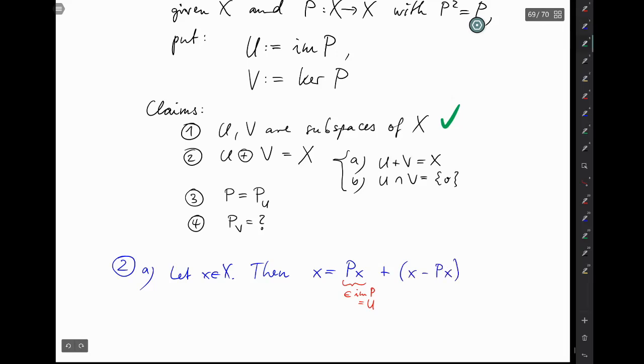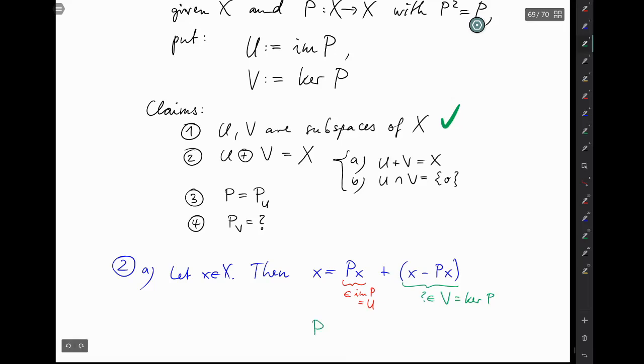and it remains to show that this is in V, which is the kernel of P. How do you show that something's in the kernel? Well, you apply P to it and test whether you get 0.